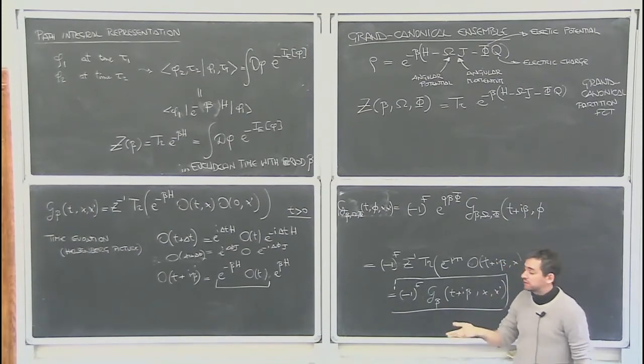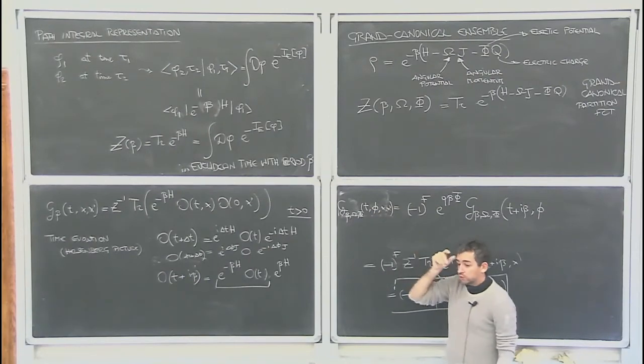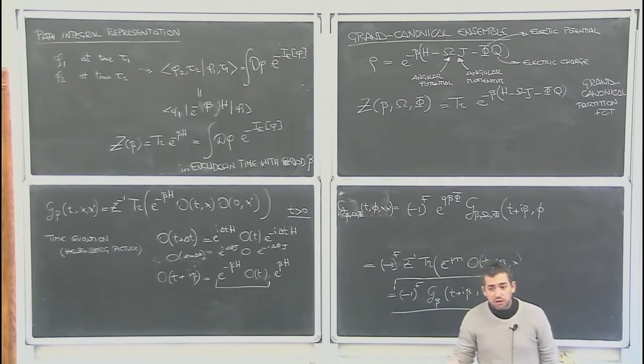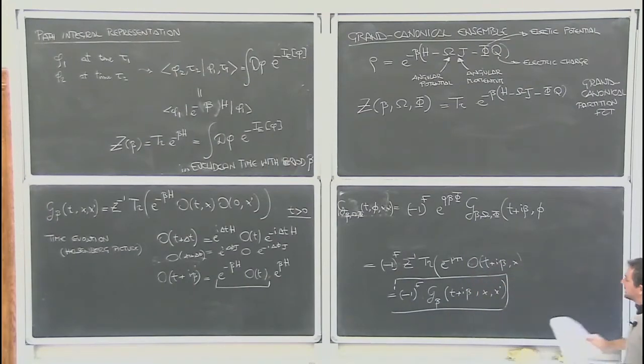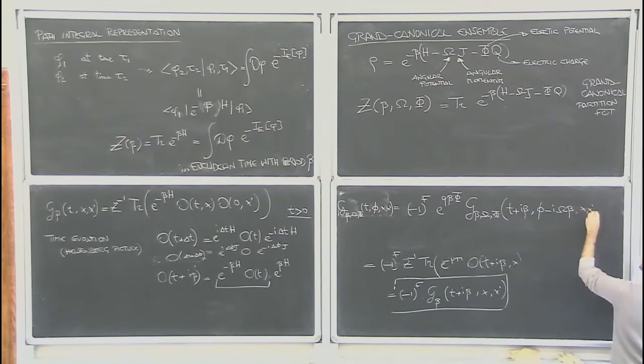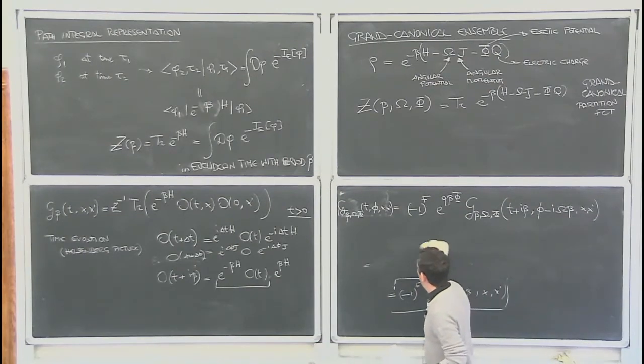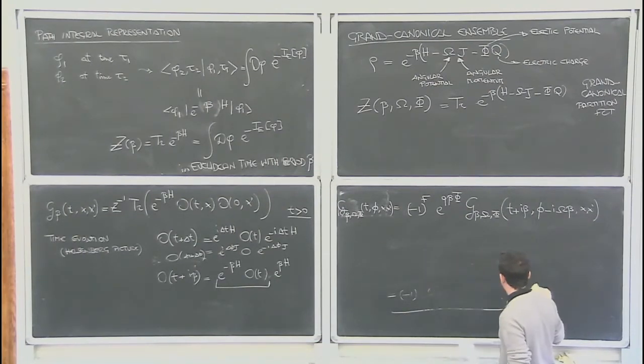It's the same argument as for time. So the Green's function will depend just on t and phi, because we can set t prime and phi prime to 0. Just the same identical argument as before. So this is the result for the new periodicity conditions on our Green's function.